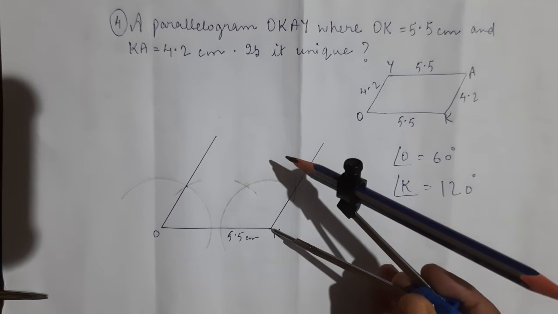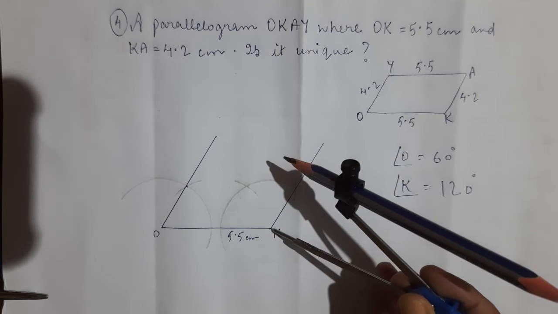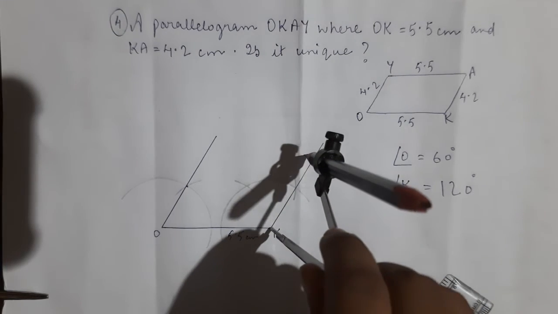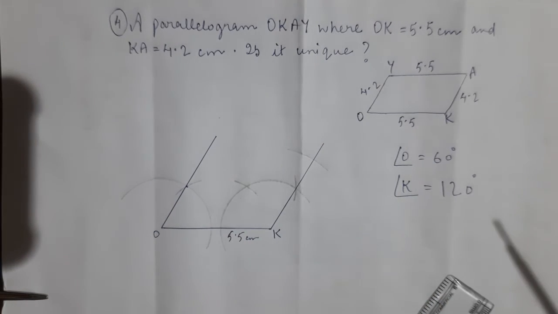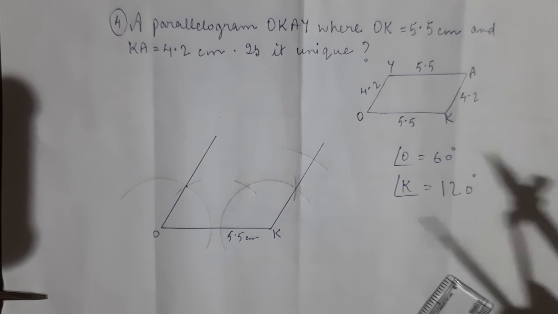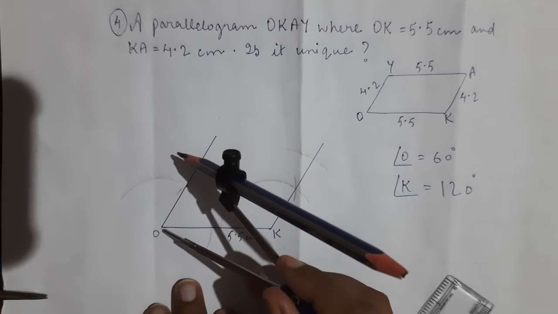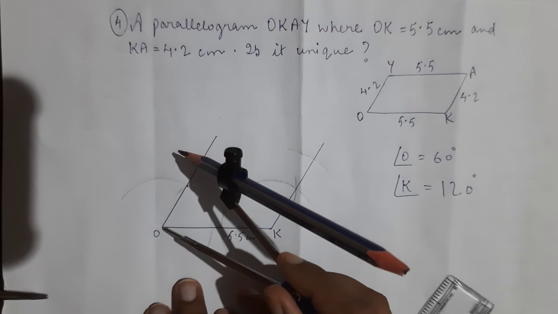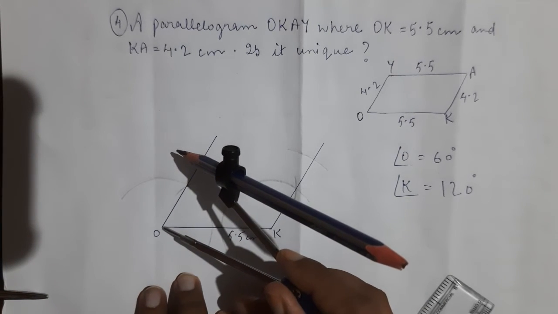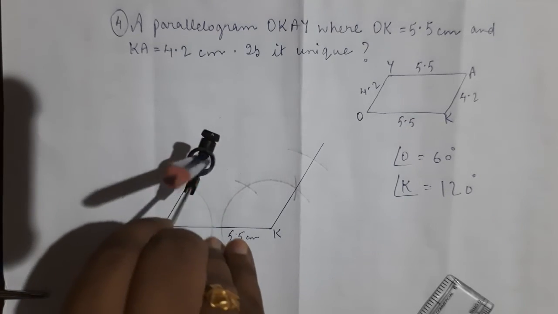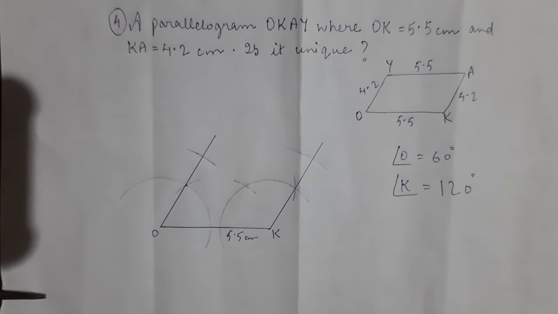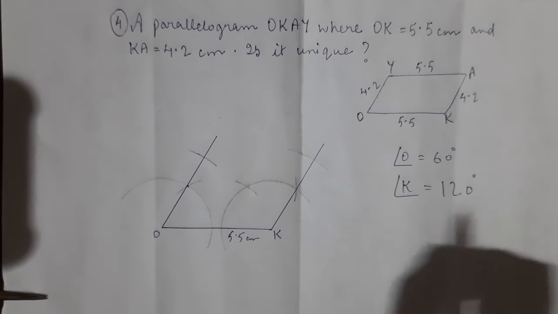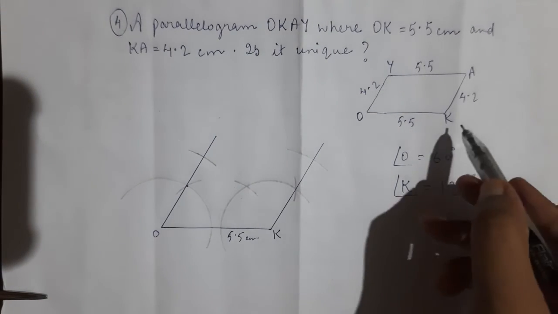From here I will draw an arc of 4.2 centimeter, and this side also is 4.2 centimeter. So I will draw an arc in this way. Now children, the 4.2 marks are done.